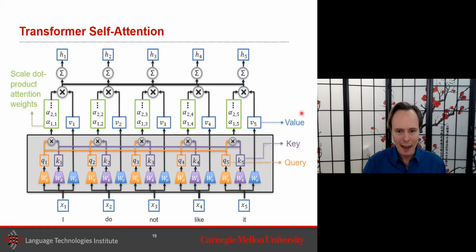So I could say the keys are kind of the context, and the query is what I'm trying to encode. I'm trying to encode "I", but I would like to contextualize it with the keys and the values. That's kind of the other intuition. So this is the idea of transformer self-attention.